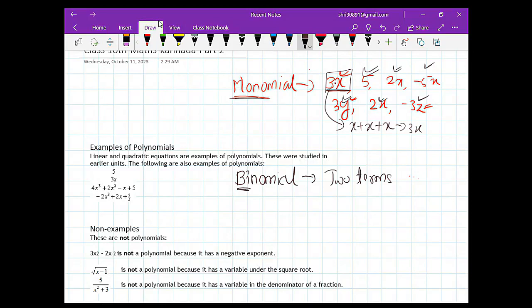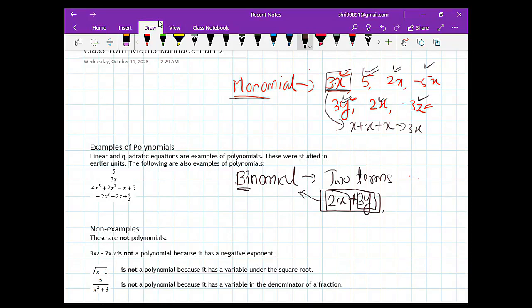If we have any two terms with a plus or minus sign in between. So here 2x plus 3y. 2x is one term and 3y is another term, and these terms are separated by this plus sign. Total 2x plus 3y is known as a binomial.